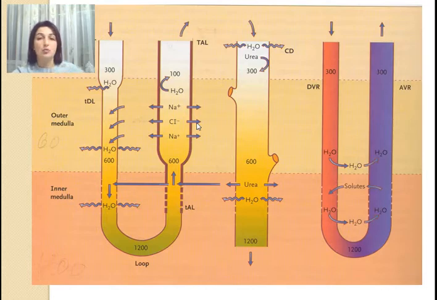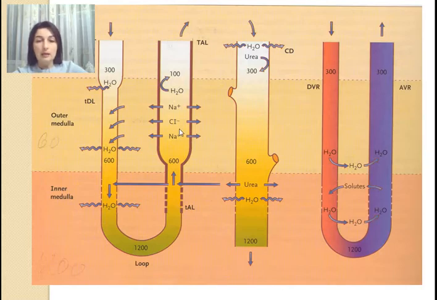That's why when the urine flows towards the distal straight tubule, because it loses salts, its osmolarity again drops from 1200 to 300, and that urine, the osmolarity of which is equalized with the plasma, 300, flows into the distal convoluted tubule.